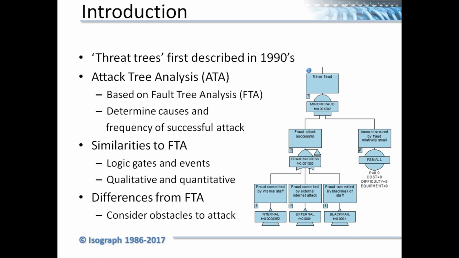When an attacker attempts to compromise a system, it will cost them something, whether it's a financial cost, the requirement to acquire specialist equipment, to acquire specialist skills. There will be obstacles to an attacker in much the same way as there are obstacles to us in preventing an attack. And an attack tree can take those things into account.